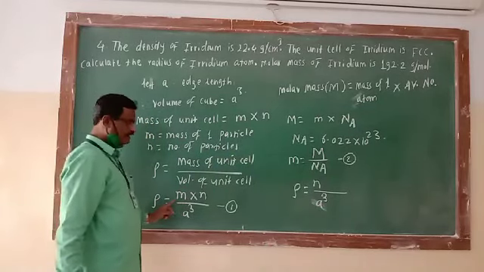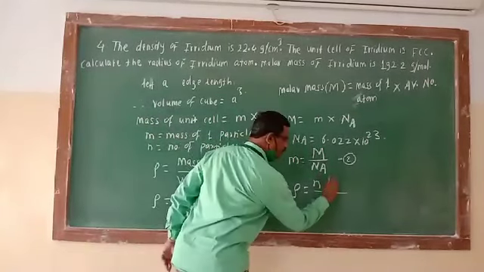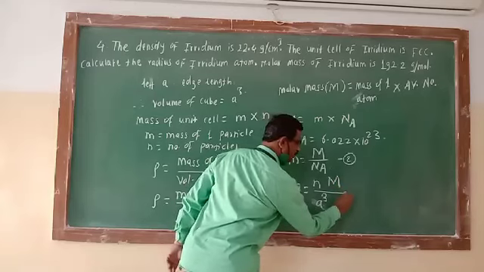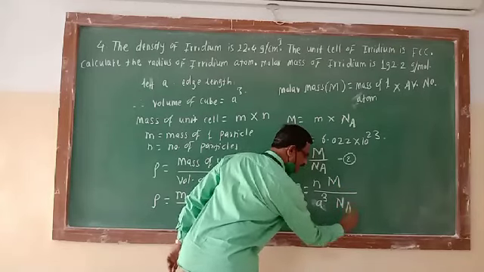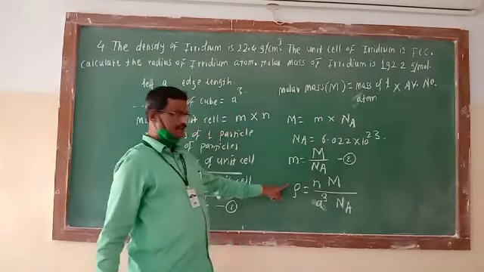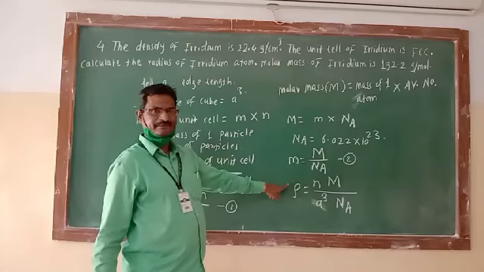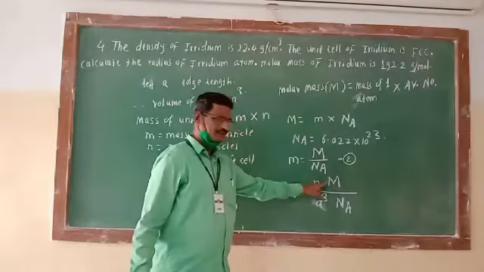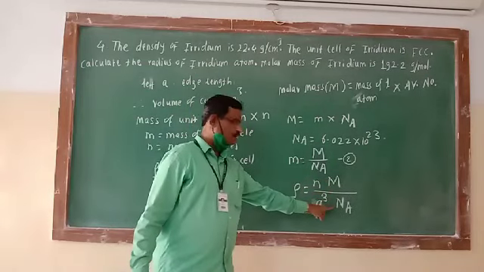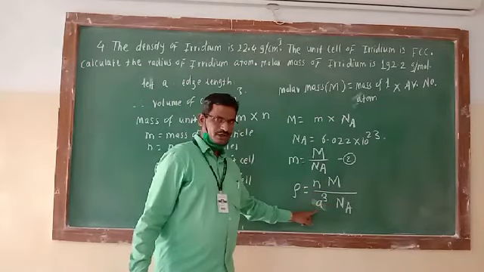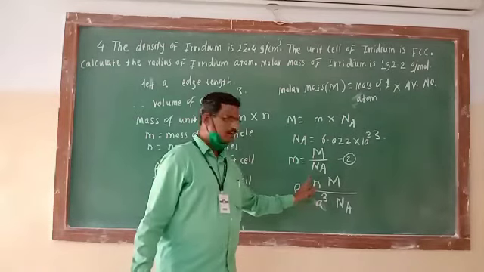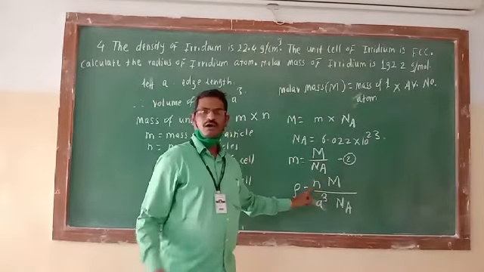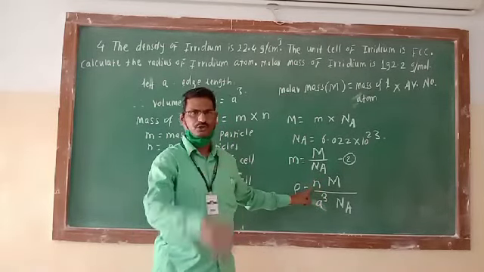And what is the value for m? It is equal to capital M divided by Na. This equation gives the relationship between density, molar mass, Avogadro number, volume of the cube, and number of particles present in the cube.